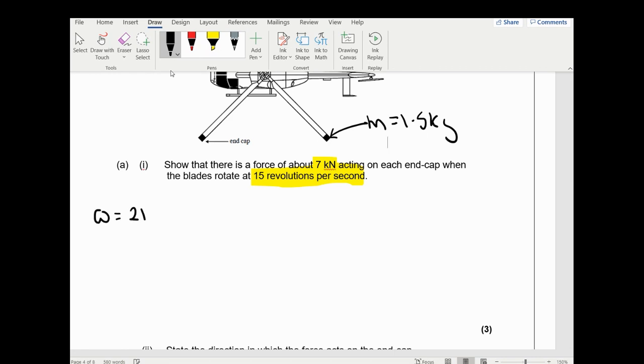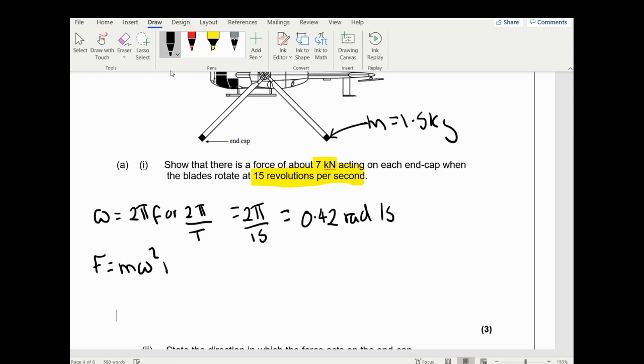So omega is 2 pi f, or 2 pi over T. I know its frequency, so I'm going to go 2 pi divided by 15, and my omega is 0.42 rads per second. And I know that F equals m omega squared r.